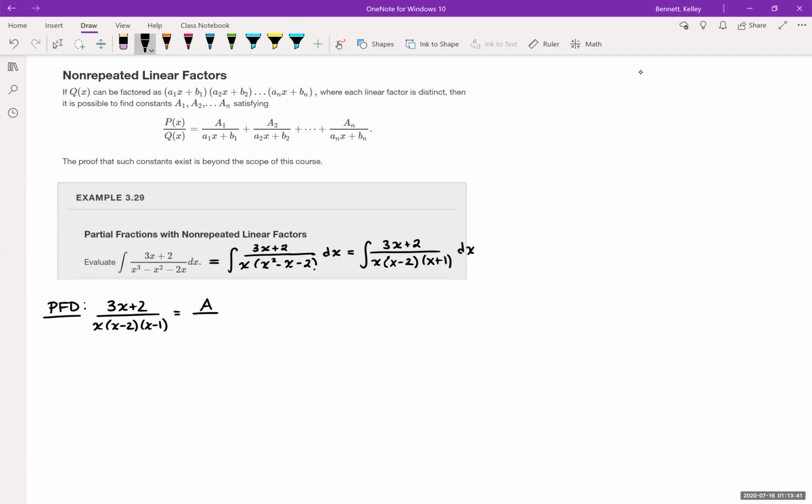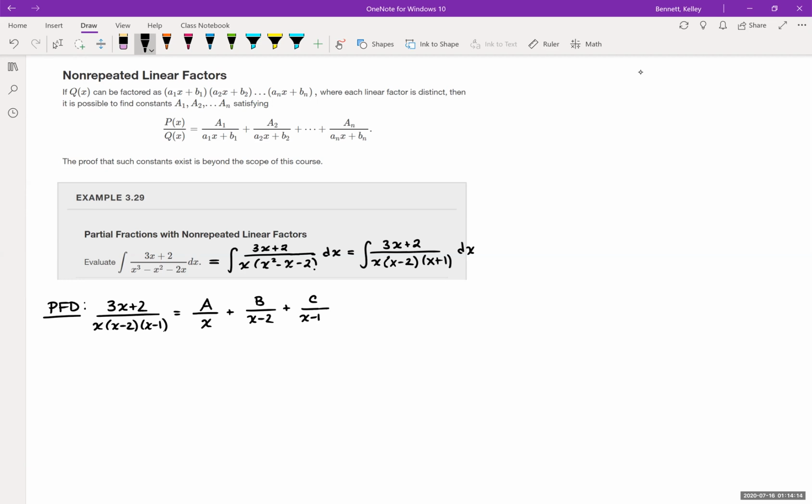Even though in the text it lists a1 through an, I don't suspect that we'll ever have more than like 5 constants. So I'll usually just use the alphabet, A, B, C, D, etc. So I'm going to have A over x plus B over x minus 2 plus C over x minus 1.